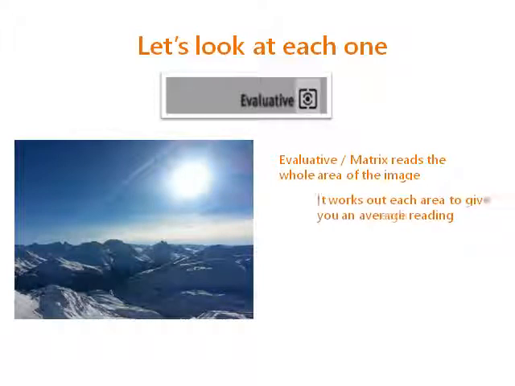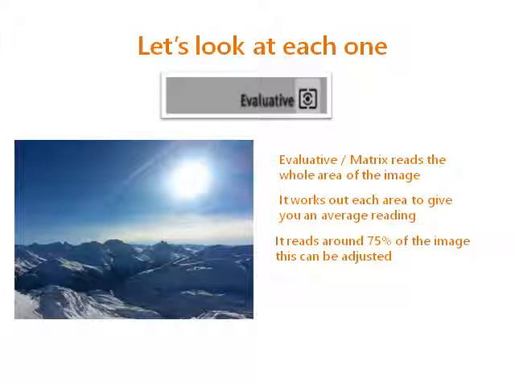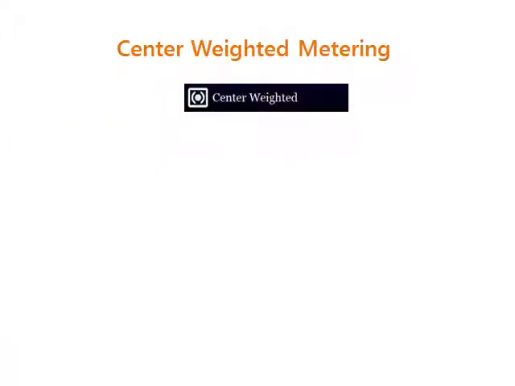Now, it reads the information and gives you an average reading. You push the cursor into the middle and then you'll get a correct exposure. It's roughly taking around 75% of the information from your image. As I say, it's called evaluated in Canon and matrix in Nikon.